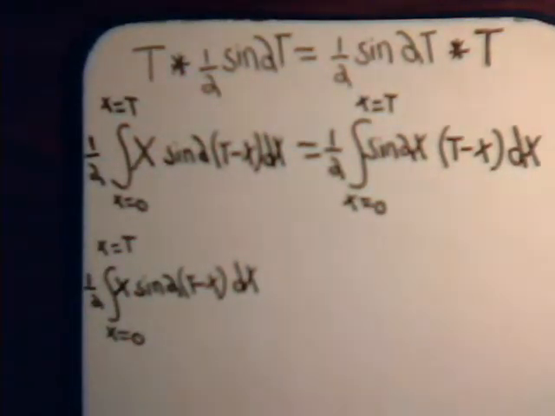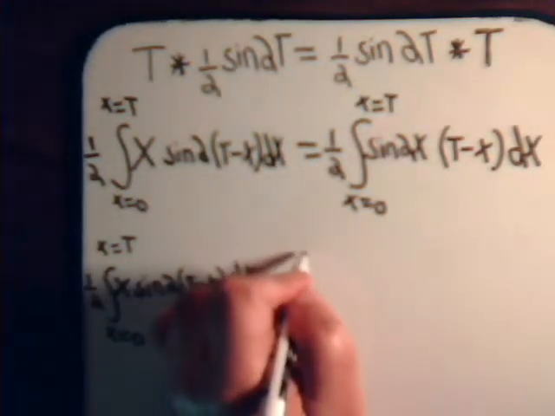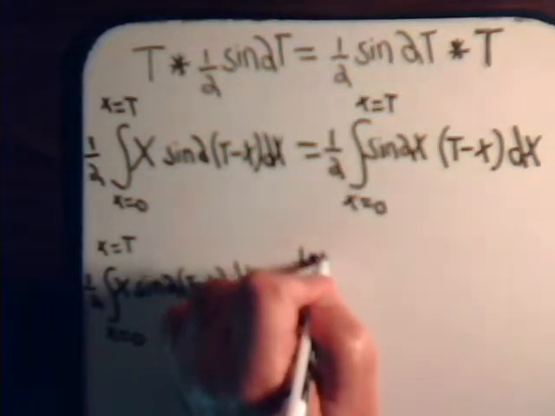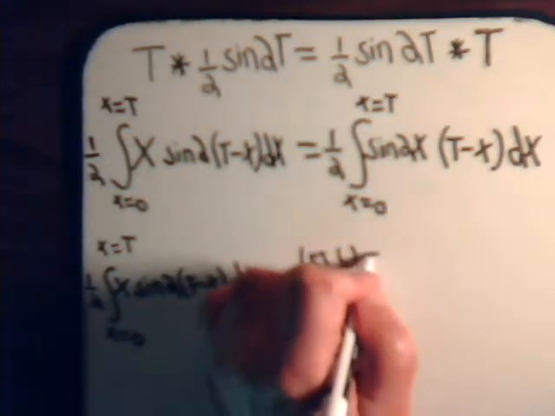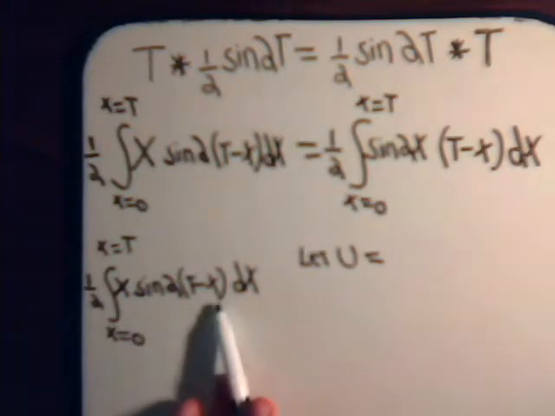We may have to integrate this by parts, but let's do a substitution here first. Let's say let u equal 2 times t minus 2 times x.